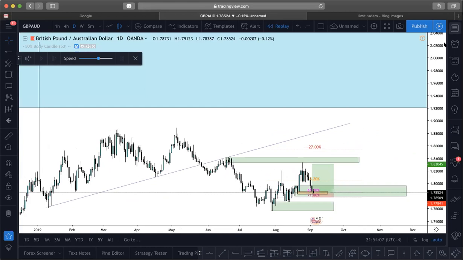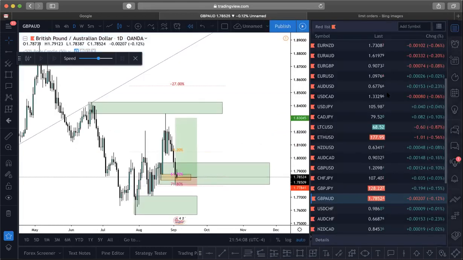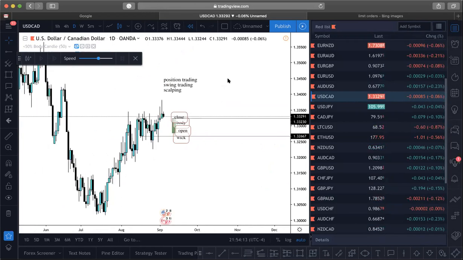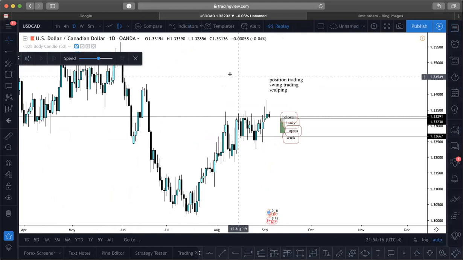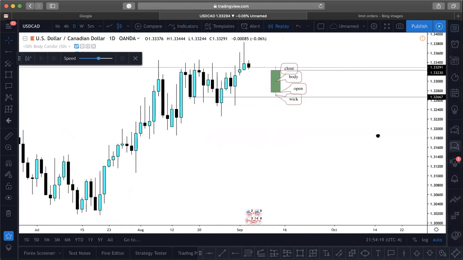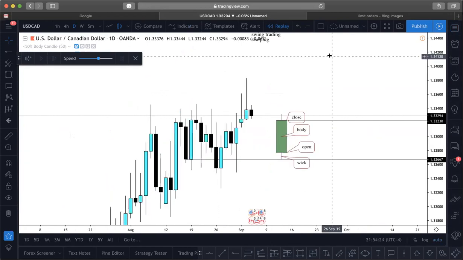So any questions about the candlestick? No questions about the candlestick.